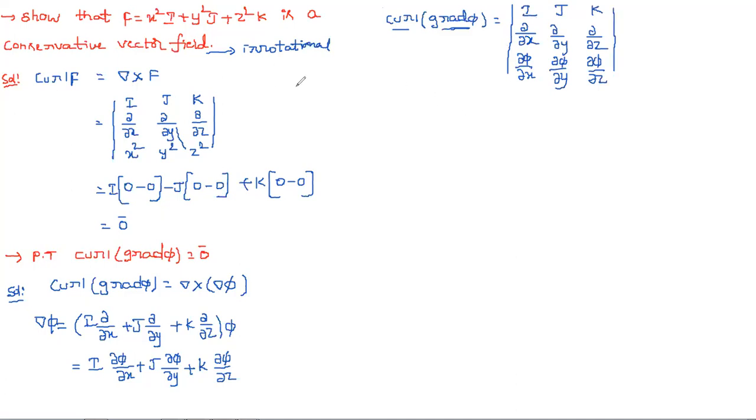So simply you can apply the determinant. Here it is i into dou by dou y of dou phi by dou z, which means we get dou square phi by dou y dou z. So here it is curl of grad phi, this one we wrote.